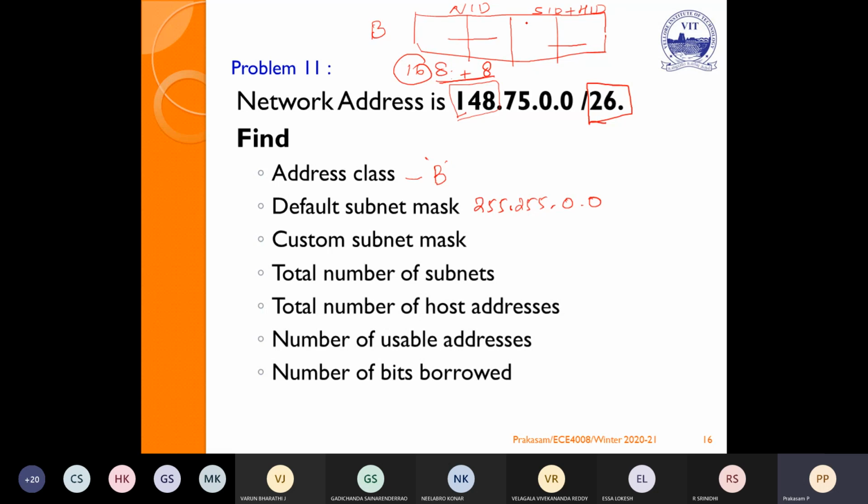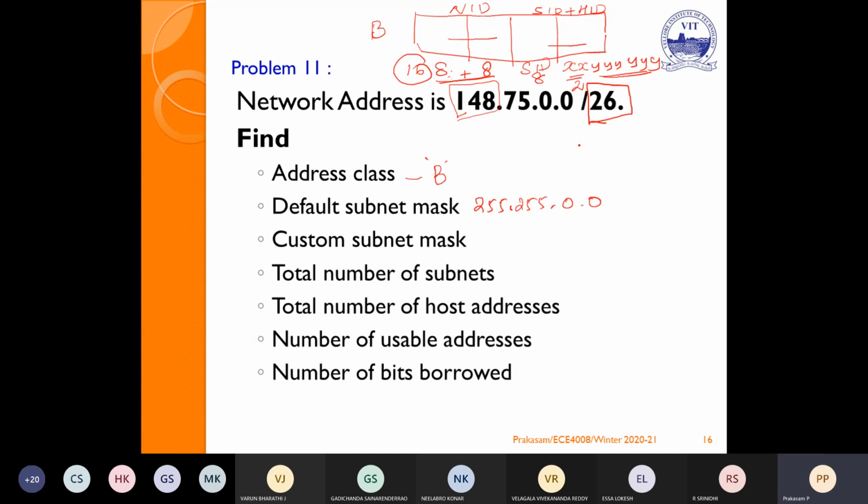So here the third byte is also subnet, 8 bits. So 8, 8, 8, 24. In the fourth byte, the first 2 bits, because it is 26, are the subnet, and the remaining are host.